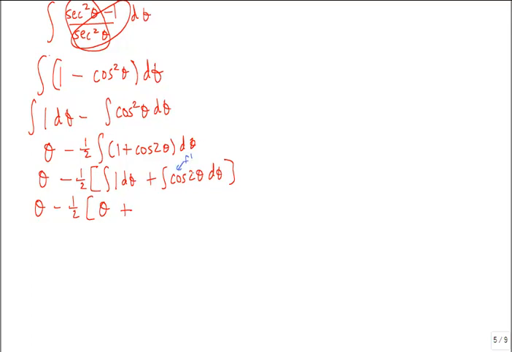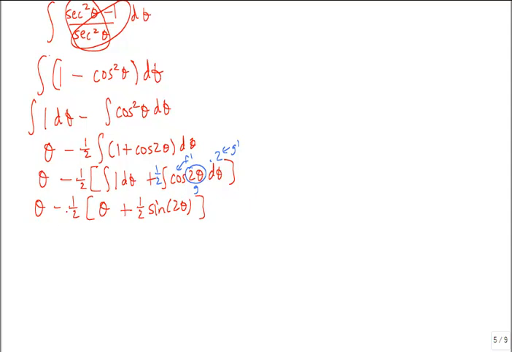Here's your f prime, here's your g. You're missing g prime, which is a 2, so you counterbalance. Now you have all three pieces. The only one you integrate is the f prime on the outside, and the integral of cosine is sine of 2θ, and that 1/2 that we counterbalanced by stays put.